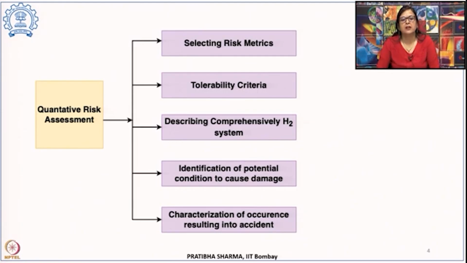When it comes to quantitative risk assessment, there are different procedures followed and different approaches which can be used, and different ways in which this can be carried out. Usually the process involves selecting the risk matrices, identifying the tolerability criteria, describing comprehensively the hydrogen systems which we are targeting, then identification of the condition that has been the potential cause of that damage, and finally characterization of the occurrence of the resulting incident.